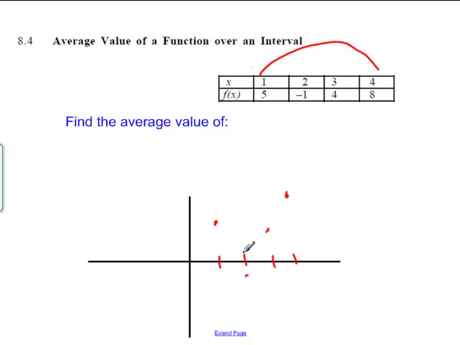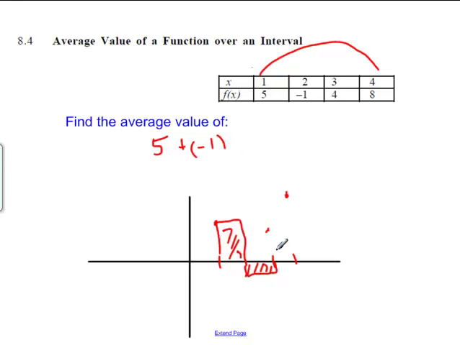Between 1 and 2, we could approximate the value using a lower bound. We could approximate that value as being 5 for the whole region. That's our left bound. Then between 2 and 3, we would say that over that whole region it was -1.